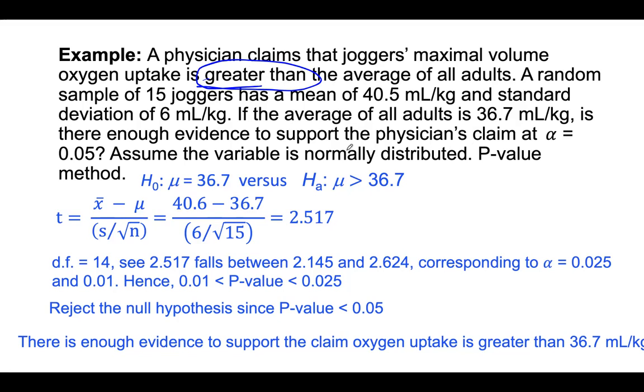Just try to pick out keywords. Then we compute that test statistic, x bar minus mu, divided by s divided by square root of n, and we compute 2.517. Okay, now what do we do? We want to use the p-value method instead to help us analyze the results.